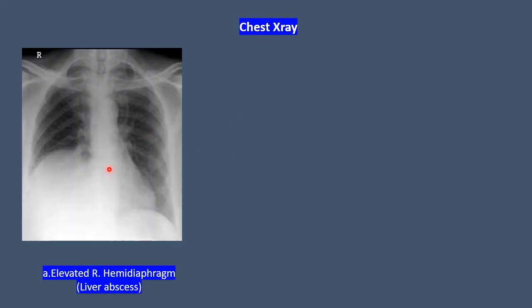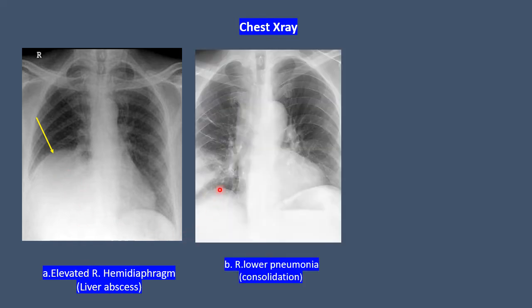The first among them is an elevated right diaphragm, which is suggestive of a liver abscess in the right lobe of the liver. Secondly, you have a consolidation of the lower lobe of the right lung, which is due to right lower lobe pneumonia. These two can be clearly seen in a chest X-ray.